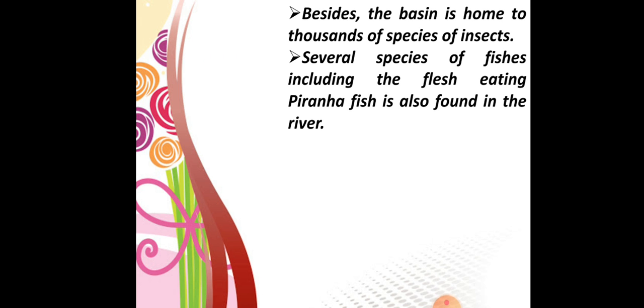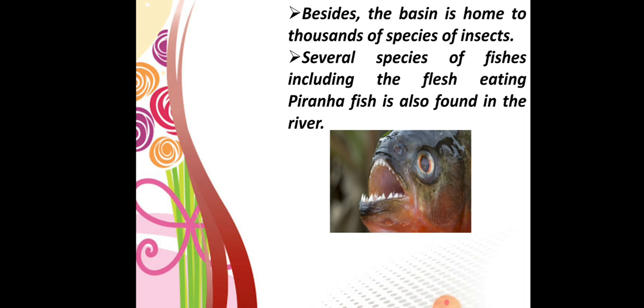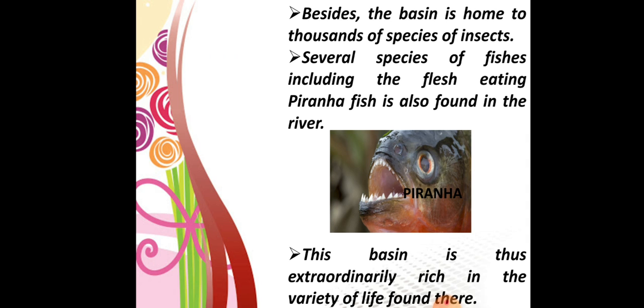Besides, the basin is the home of thousands of species of insects and several species of fishes, including the flesh eating piranha fish, which is also found in the river. Here is the image of piranha. The basin is thus extraordinarily rich in the variety of life found here.